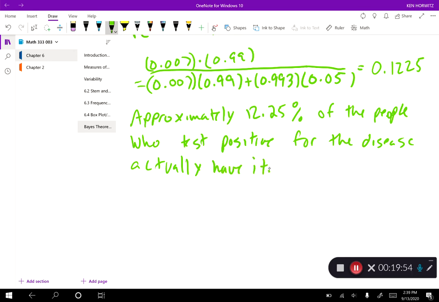And there you go. There's Bayes' theorem.